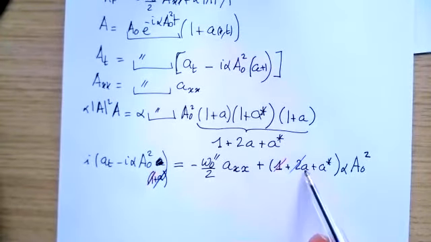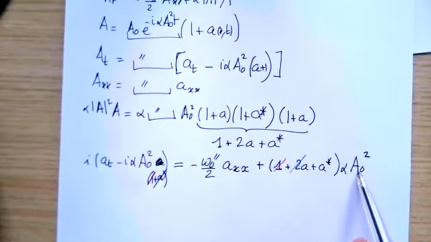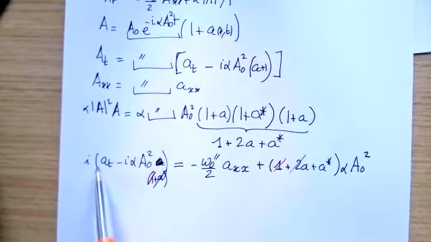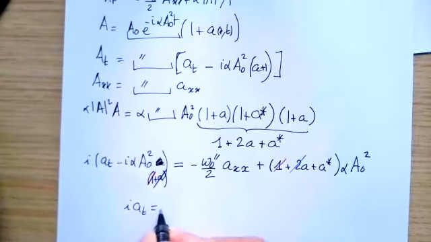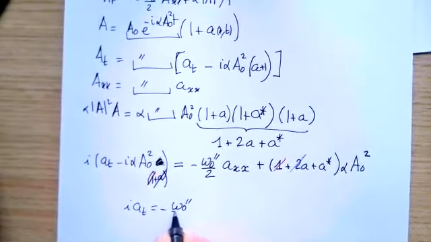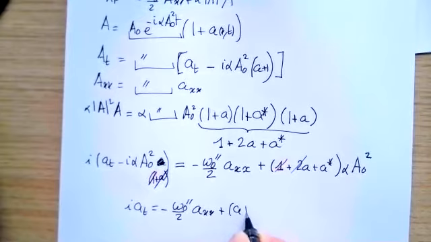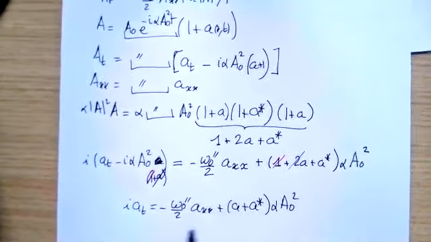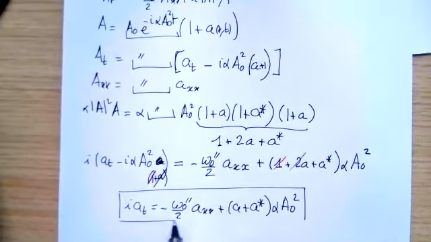Because one had 2a alpha A naught square, and here one had just alpha A naught square. So it remains i a_t equals, of course, minus a_xx plus a plus a star. So this is the linearized version of NLS.